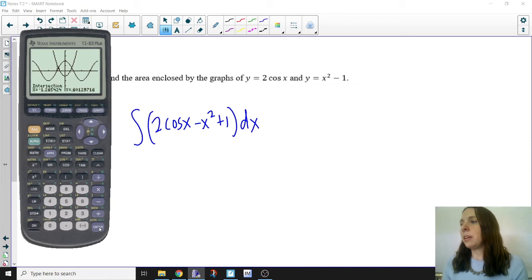The points of intersection are not rational numbers. They're not easy numbers to work with. And so I'm going to show you how to do storing in your calculator so that you can actually use those exact values instead of approximations.